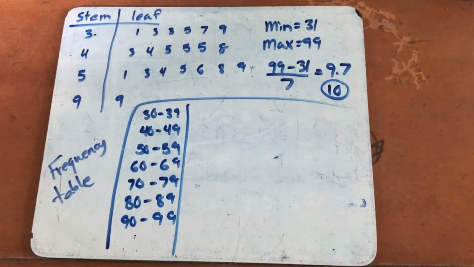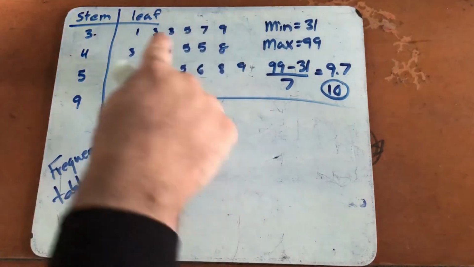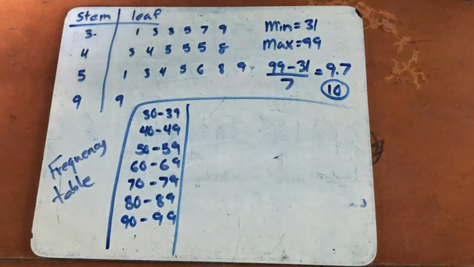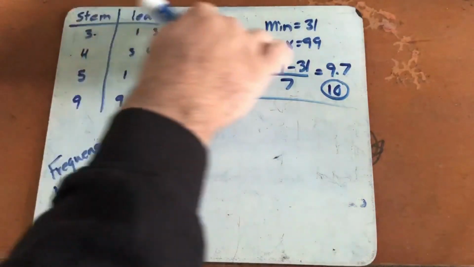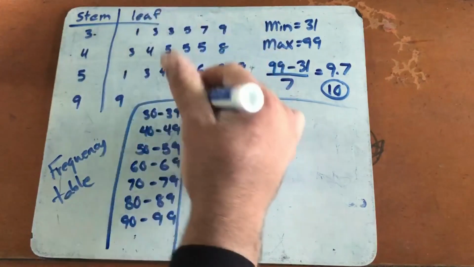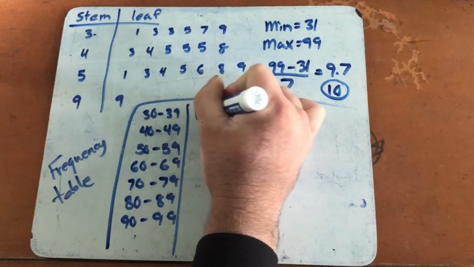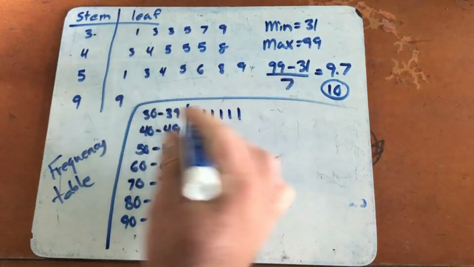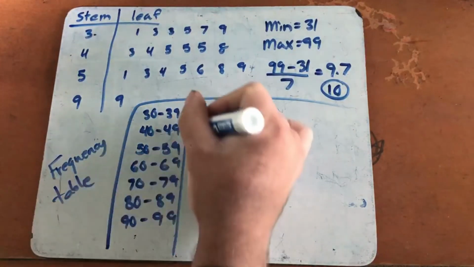Now when I do my frequency, we realize that there's a lot that are missing. From 30 to 39 includes everything that's in the first stem and leaf section. So there's 1, 2, 3, 4, 5, 6 numbers. From 40 to 49, it's the same thing. There's 6.